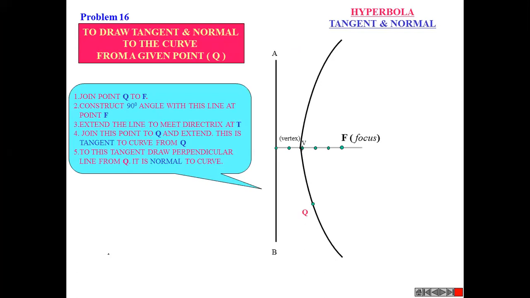What we will do, you will tell me now. First of all, we will join this with focus. Then we have perpendicular line to directrix. And from that intersection point to this point, this is our tangent and this is the normal. Is there anything new? Whether it's ellipse, parabola or hyperbola, we have done all three with the same. Is there anything new?